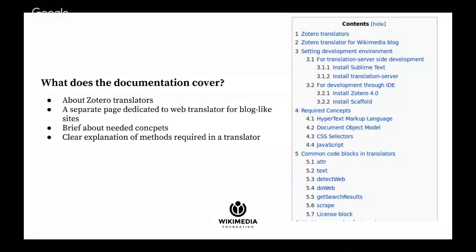And then we have all the methods that are basically used to write a translator. These are more or less static. There's this template that is used in all of the translators. Next.